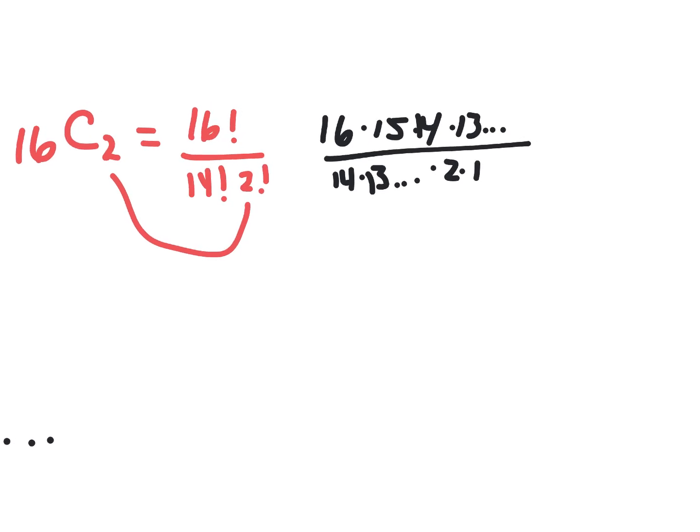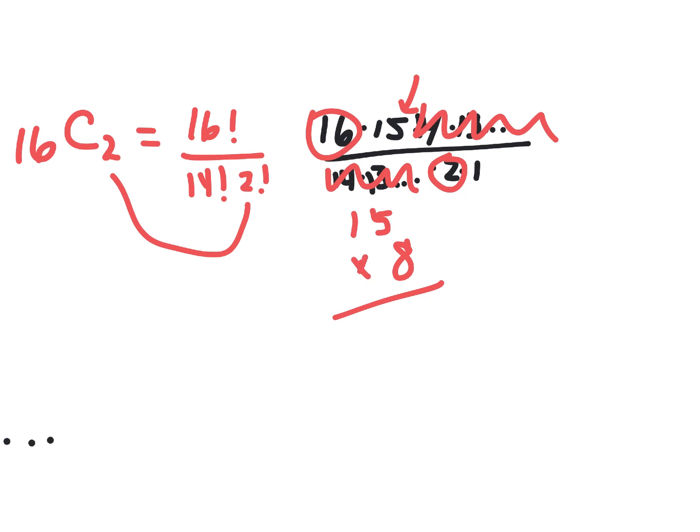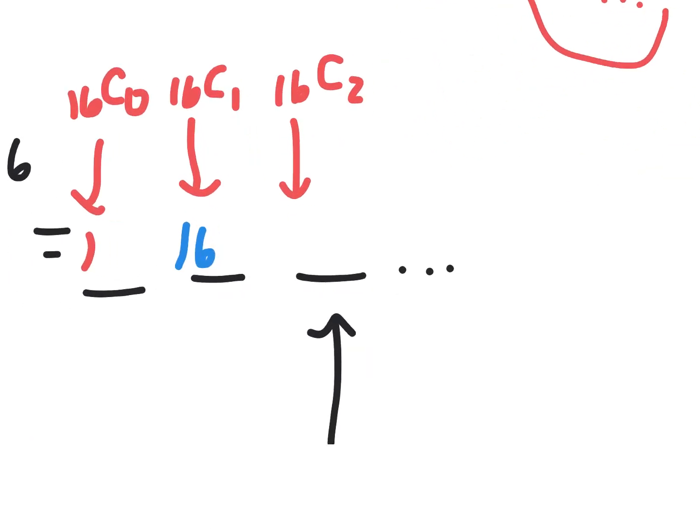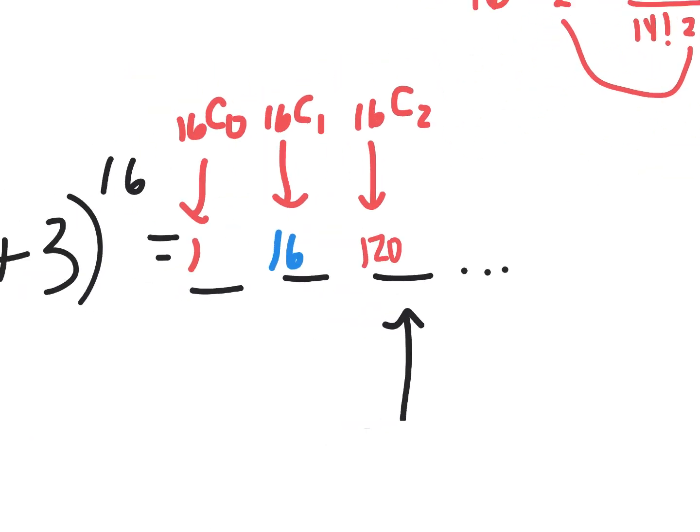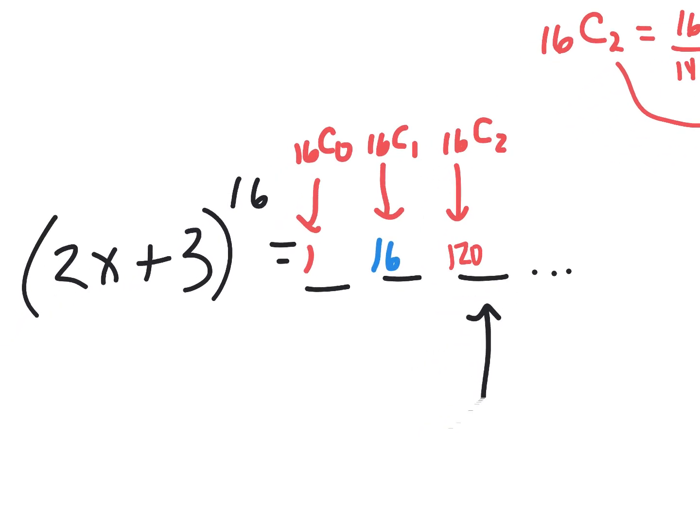And then, watch how this canceling happens. 14 on top cancels with that. And the 16 over the 2 would make 8 times 15. All of that simplified down to just 15 times 8, which is 120. Then I got to do a 2x to the 16th.